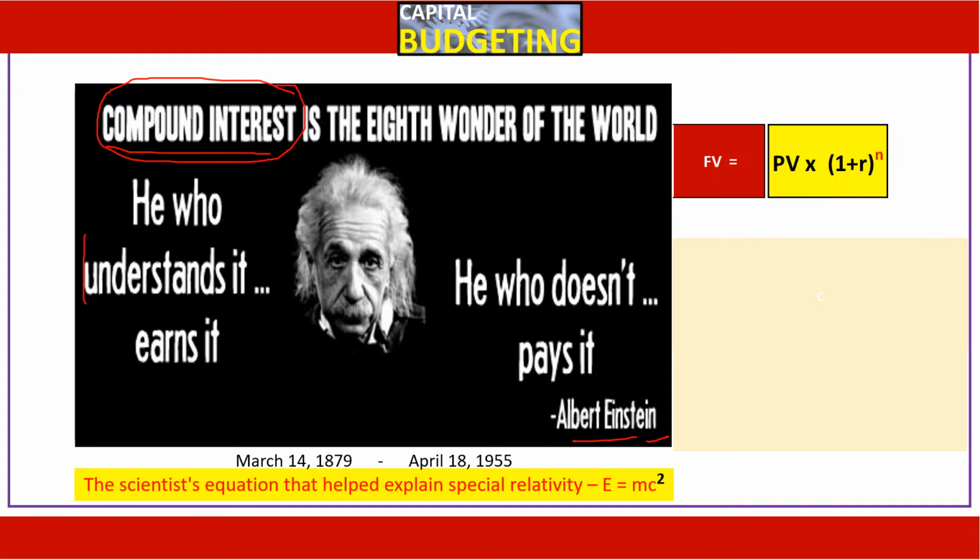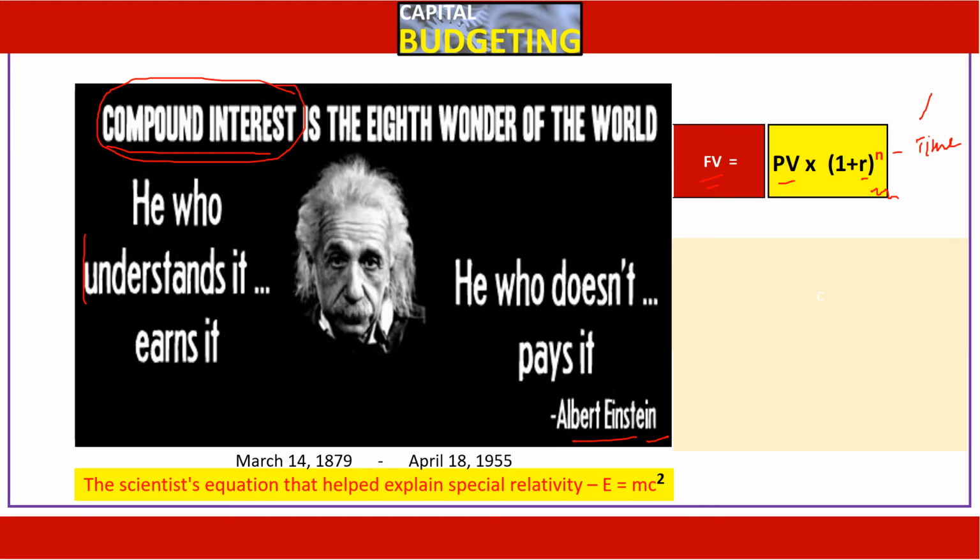What is that formula? Future value equals present value into 1 plus rate of interest to the power of n, where n is the time. For example, if your rate of interest is per month, then n will be number of months.